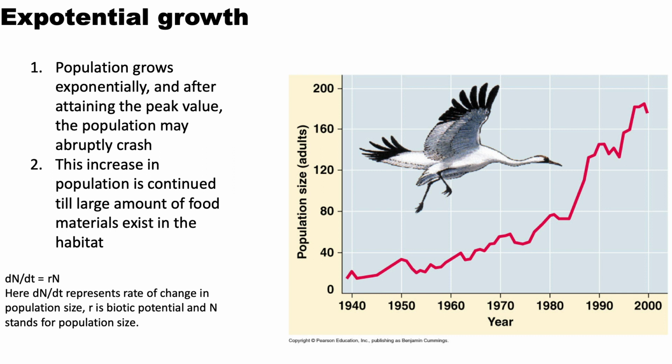In this case, what we see is that the population grows exponentially, and after attaining the peak value, sometimes the population may abruptly crash if there are not enough resources in the environment. So basically this is what happens. This increase is continued until the individuals consume all the resources that are available in their habitat. And this growth rate, dN/dt, is basically expressed as r times N.